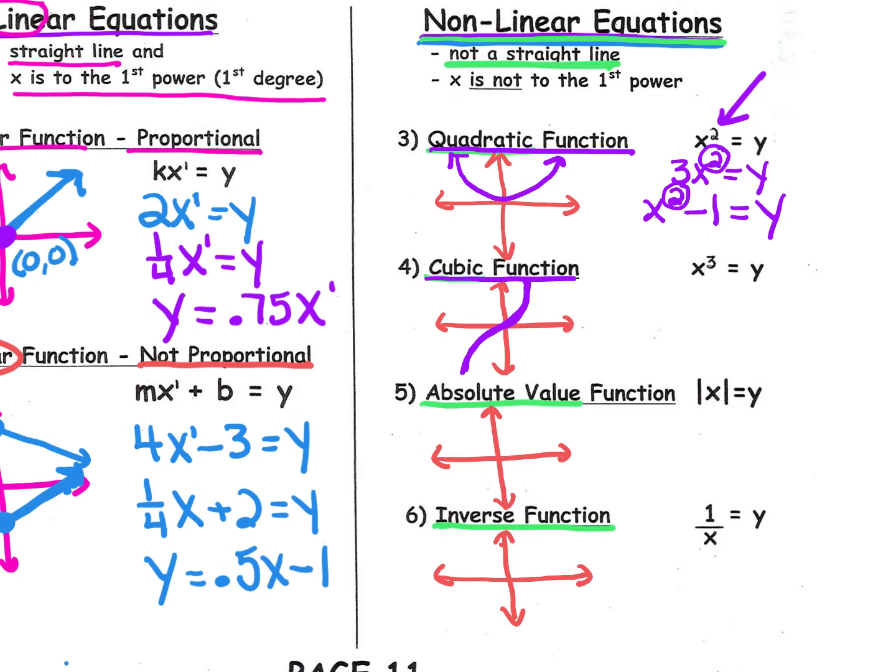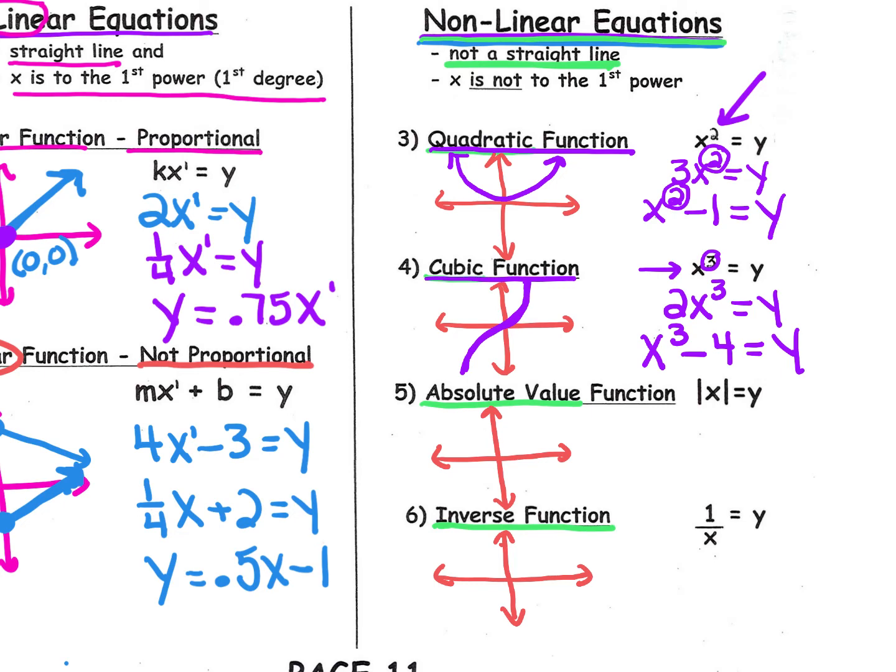Now, you can get a cubic equation to look as simple as x to the third power, or you might get something like this: 2 times x to the third power equals y, or x cubed minus 4 equals y. But if the highest power is the third power, you know you have a cubic on your hands.